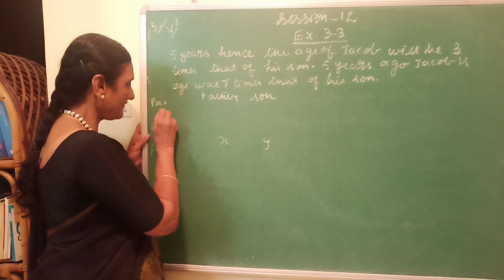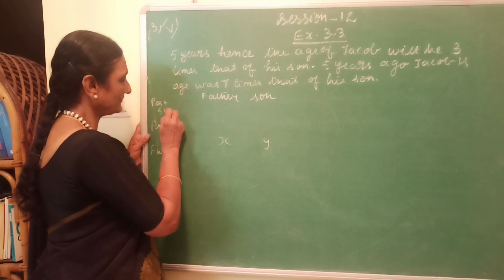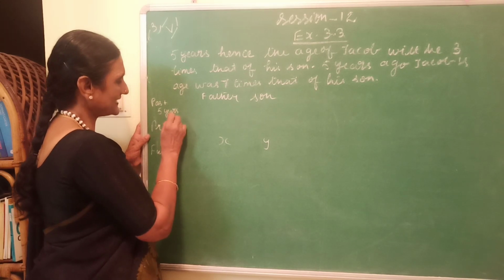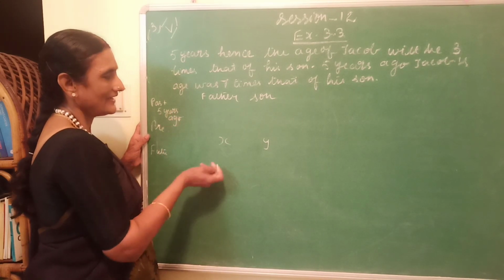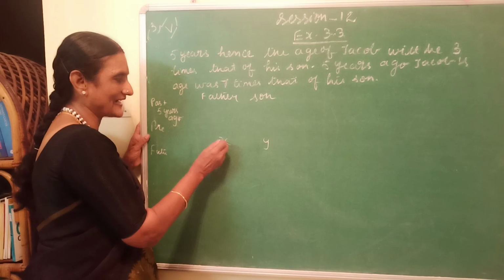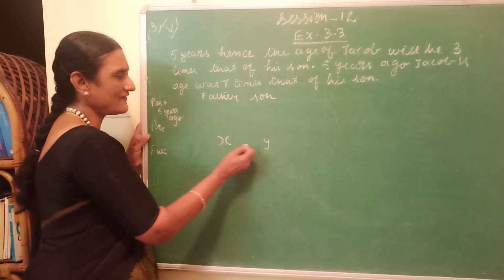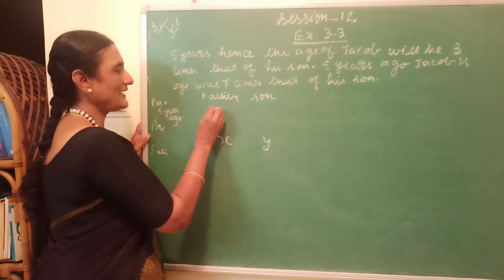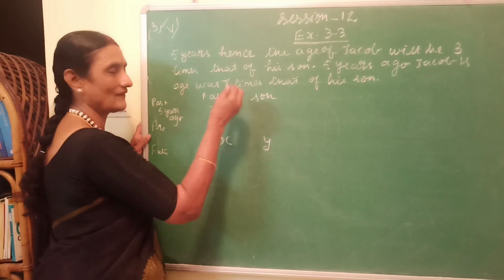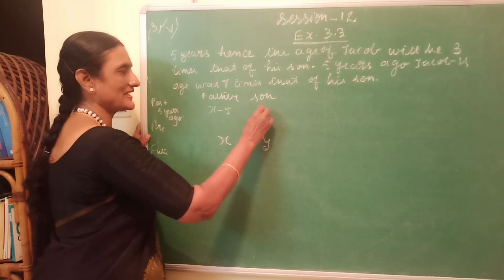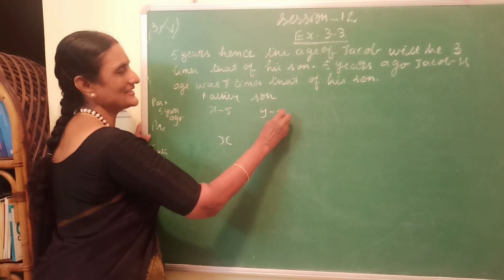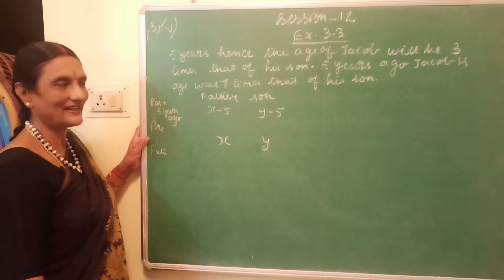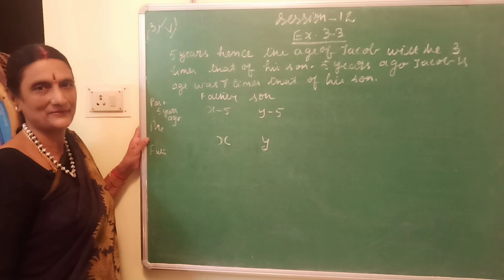So, 5 years ago is the past tense. Correct? But if present is X years, 5 years ago what will be the father's age? It must be X minus 5. Similarly, what will be the son's age? Y minus 5. Are you understanding? This is a very fundamental assumption.